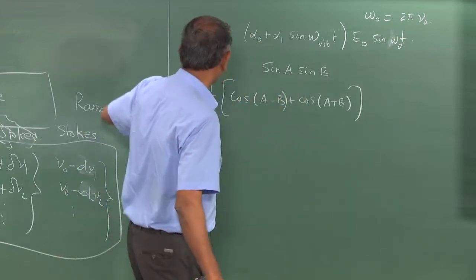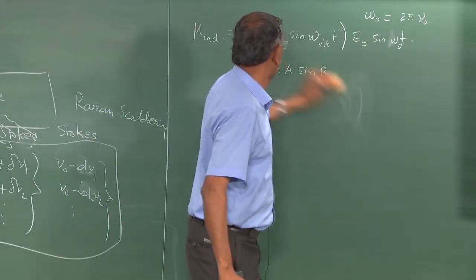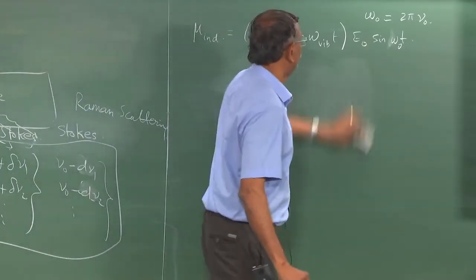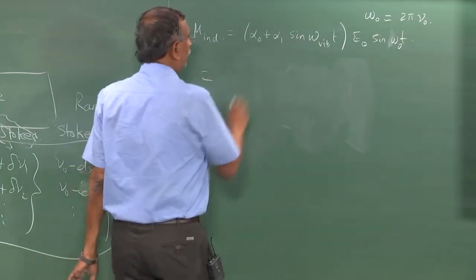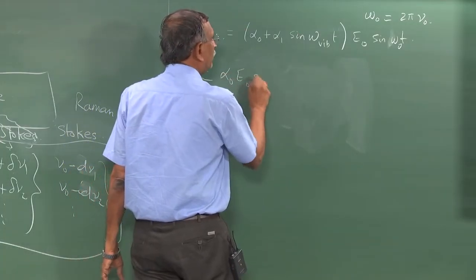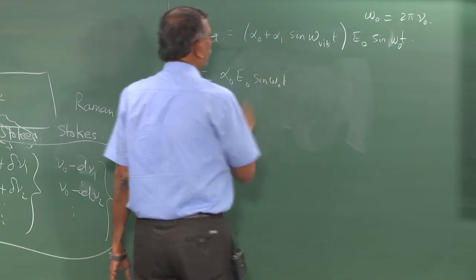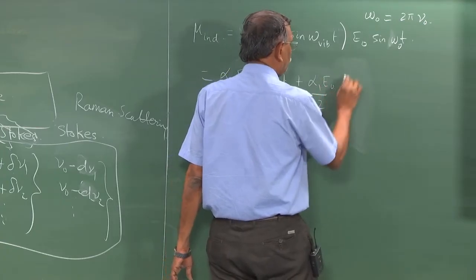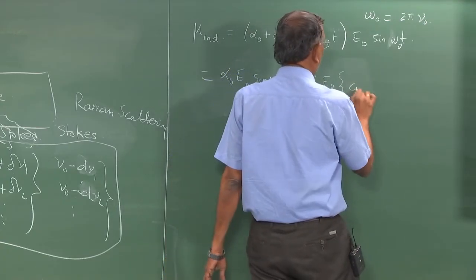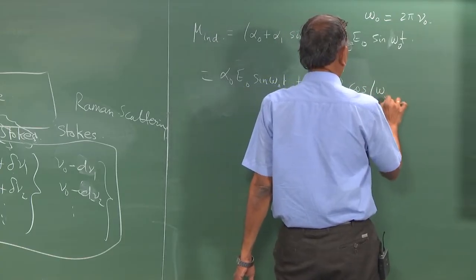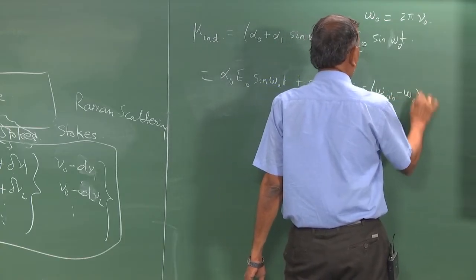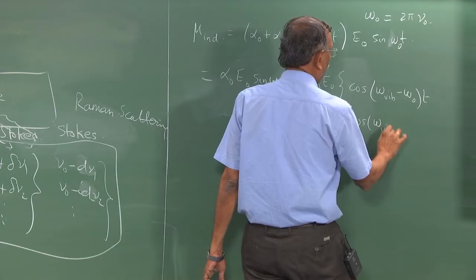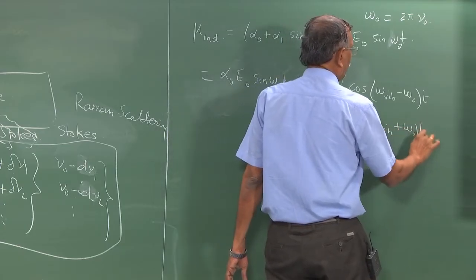Therefore, if you remember this relation, what you see here is alpha naught E naught sine omega naught t, that is the first term, and then you have alpha 1 E naught by 2 times cos omega vibration minus omega naught t minus cos omega vibration plus omega naught t.